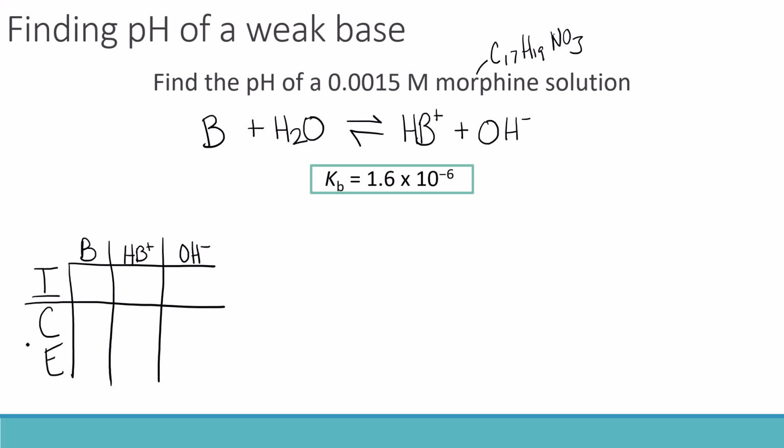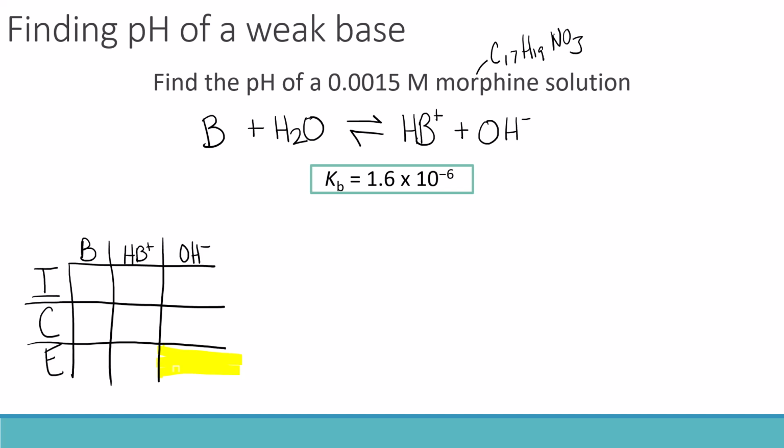Before we get too deep into this problem, I do want to talk about, well, what's the purpose of this exercise? So when we were solving for pH of a weak acid, hydronium was our target. But in this case, we don't have hydronium, but we do have hydroxide.